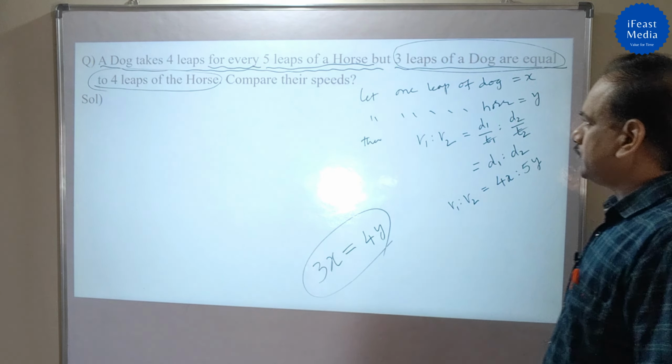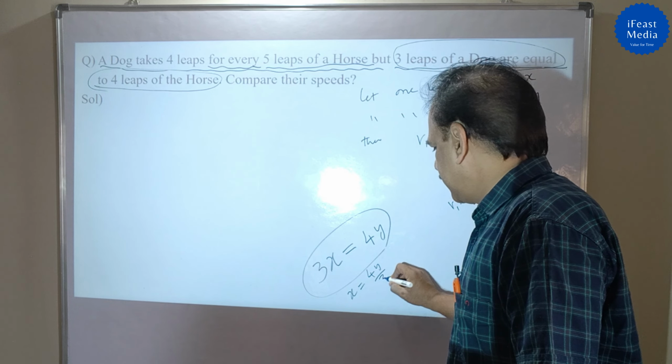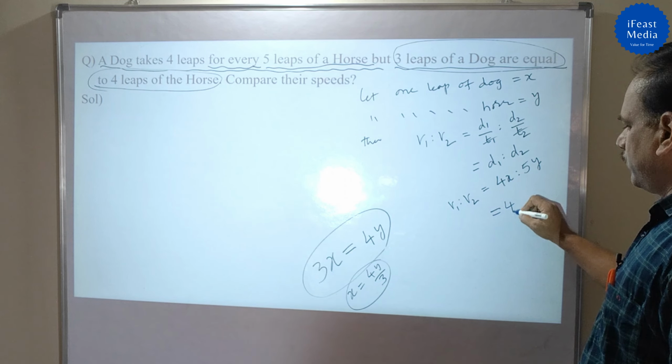From this you can write x equals 4y by 3. Now substitute x equals 4y by 3 in this: 4 into 4y by 3 is to 5y. So it is 16y by 3 is to 5y. You can cancel y, and you can write 16 is to 15.